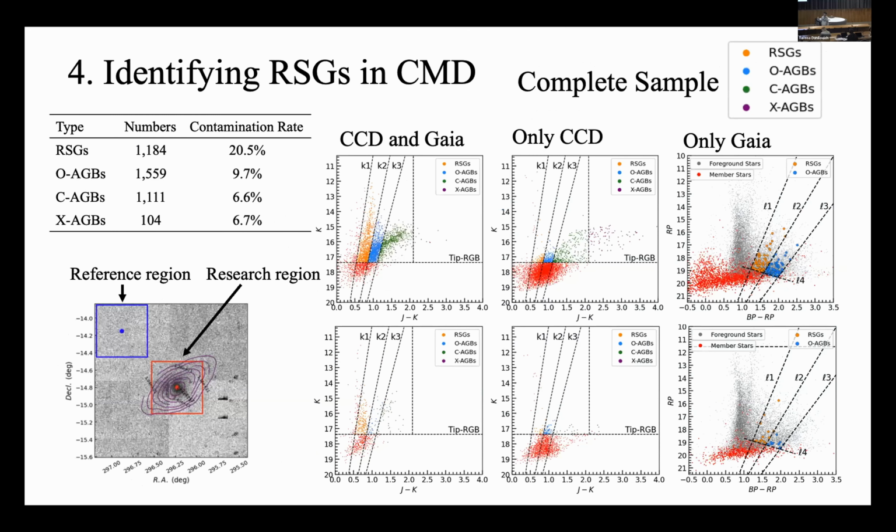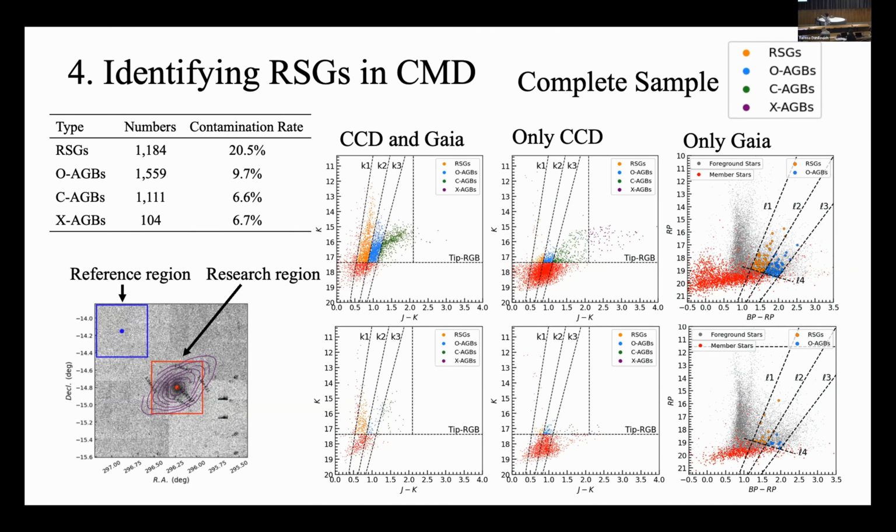And here we have obtained a decontaminated and complete sample of the member stars, as shown in the upper left figure. In this, we can identify RSGs and AGBs in the CMD using such boundaries. The orange dots in this figure show the identified RSGs. The blue dots are oxygen AGBs, the green dots are the carbon AGBs, and the purple dots are the extreme AGBs.